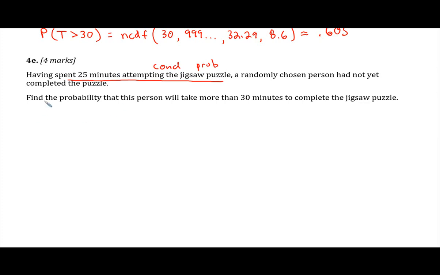So we're trying to find the probability that this person is going to take more than 30 minutes. So the time is going to be greater than 30 minutes, given that the time is greater than or equal to 25.